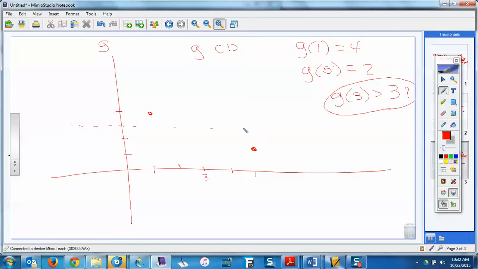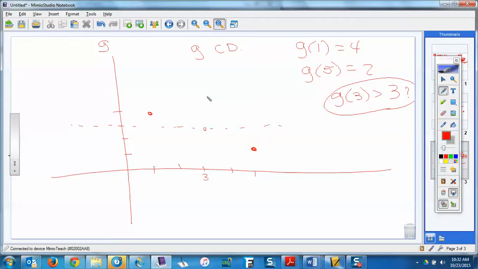Why does the y value at 3 have to be above this point? Because it's concave down between 0 and 10.